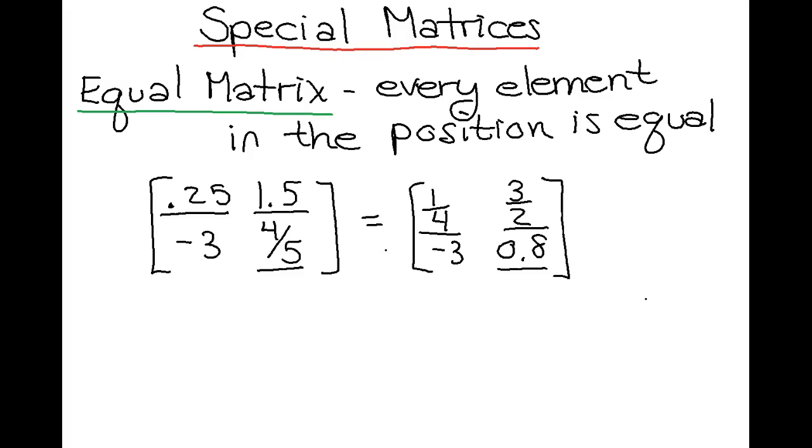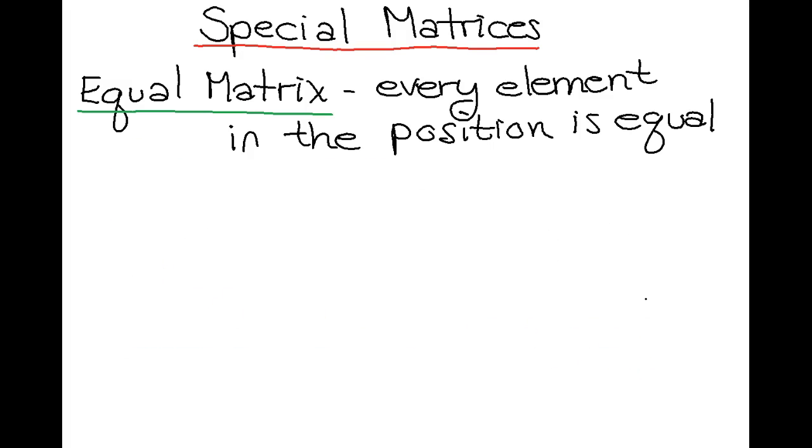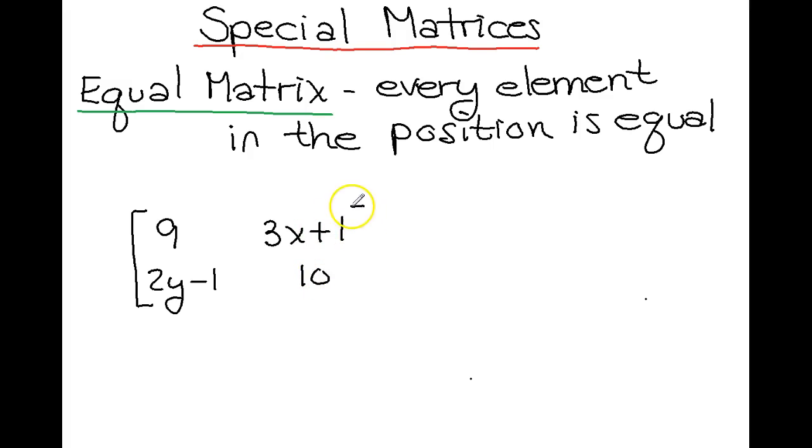I might not be so specific when I tell you two matrices are equal. I might actually ask you to solve for variables that would make my two matrices equal. So for instance, what are the values of x and y such that these two matrices are equal? Let's see, 9, 2y minus 1, 3x plus 1, and 10, set equal to 9, 16, -5, and 10.